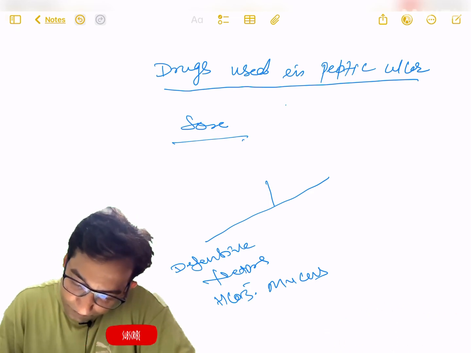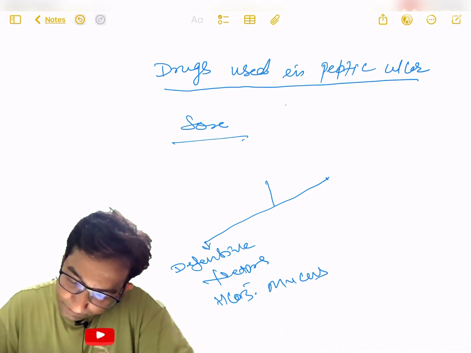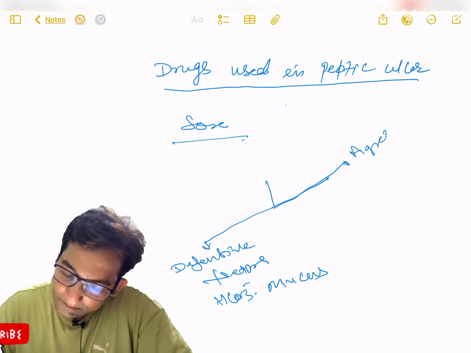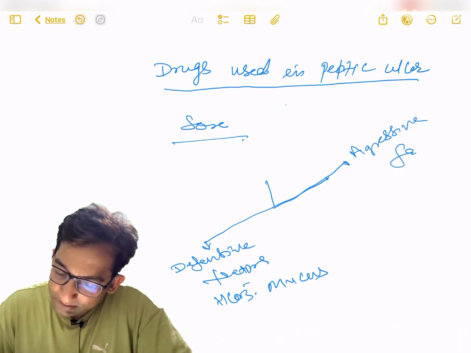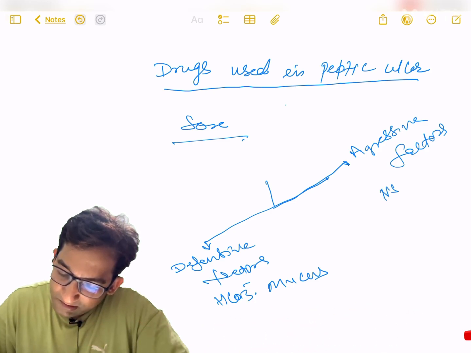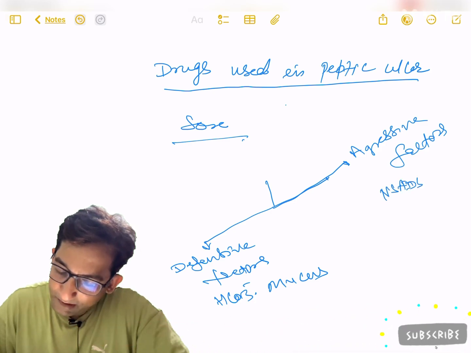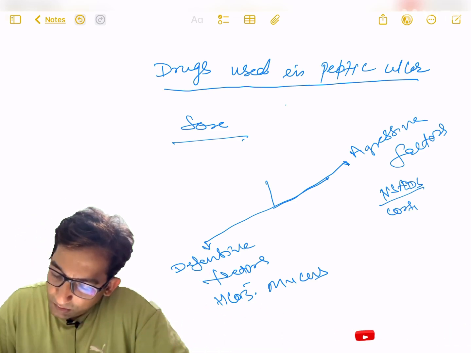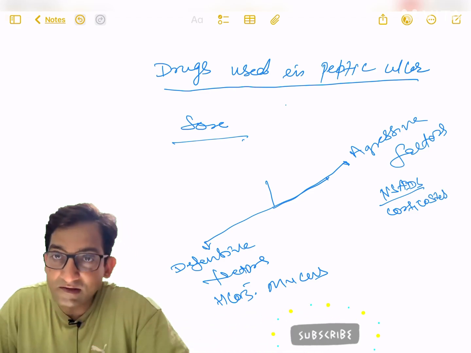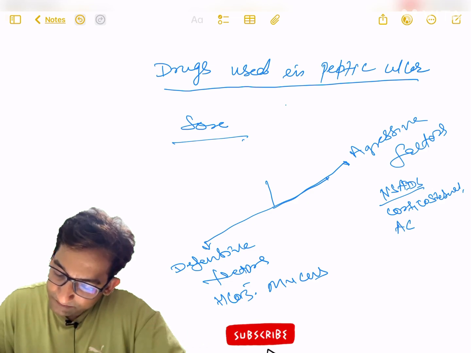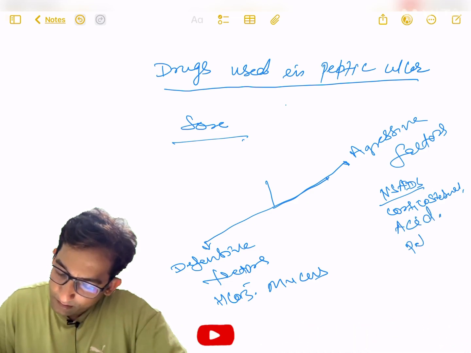Now, aggressive factors are NSAIDs, that is, non-steroidal anti-inflammatory drugs, a painkiller, corticosteroids, acid, and pepsin.